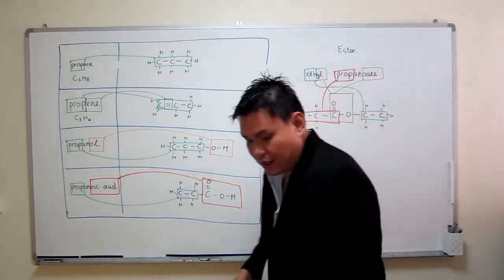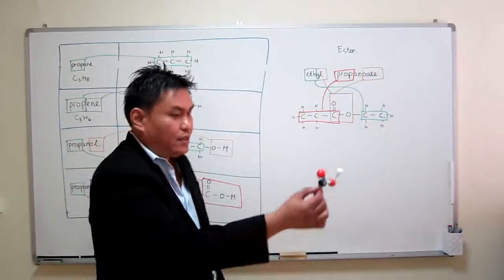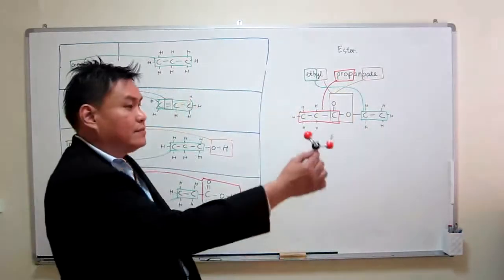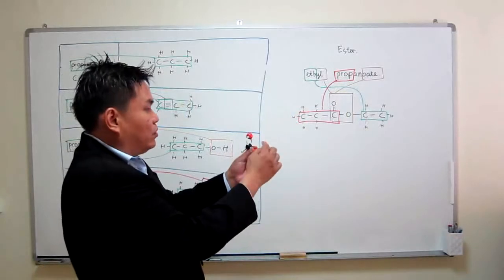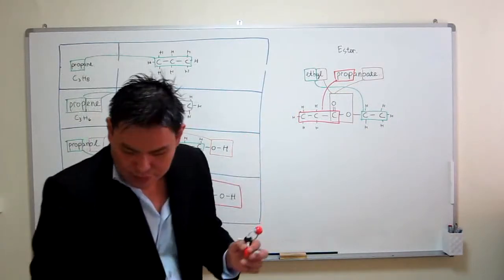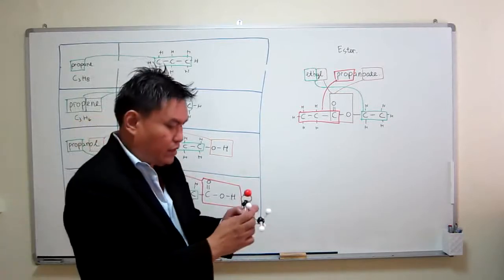How to make a model out of this? You have this one, 2 carbon on this O. So we are connecting it here.